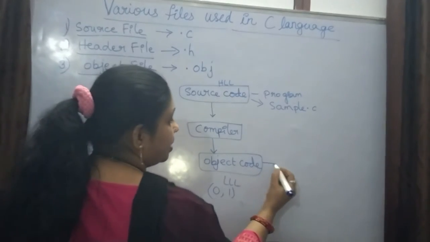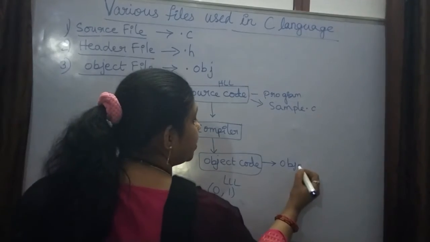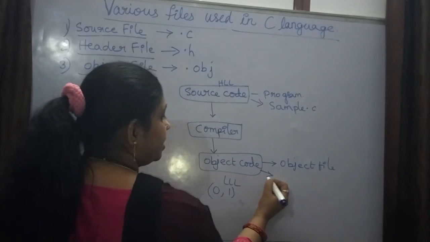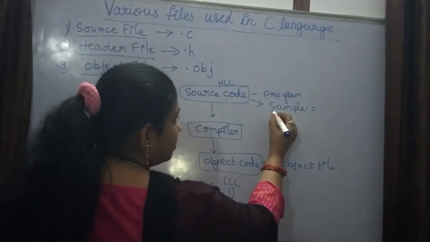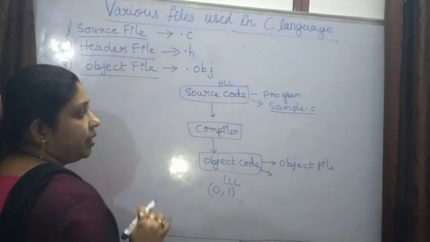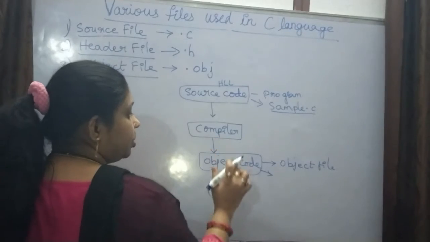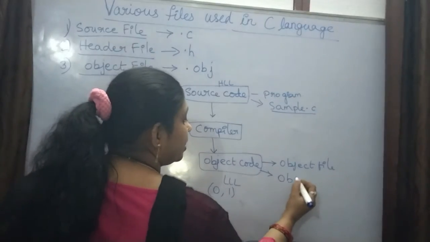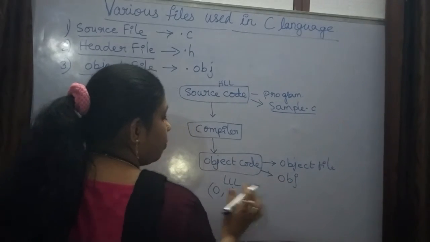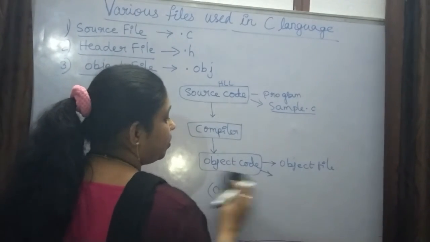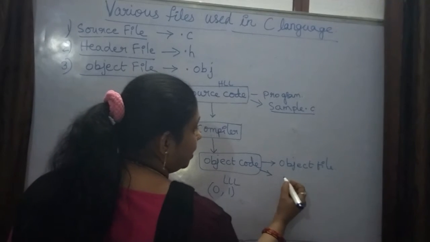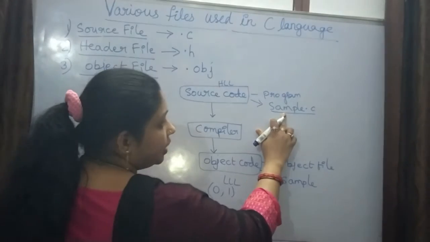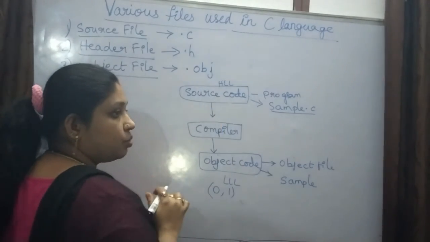The compiler will change this source code to the object code, and the name of the object file will be the same file name, sample, which we gave as the source code.